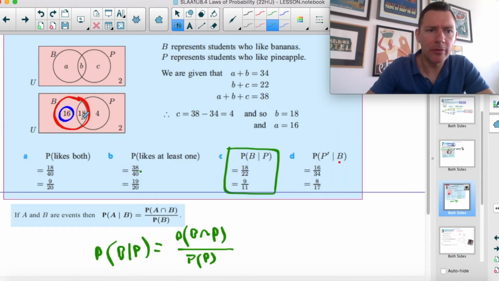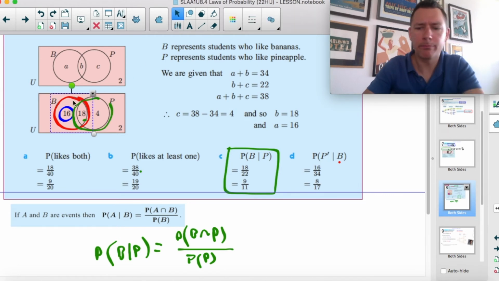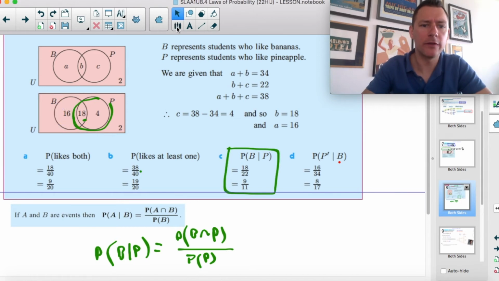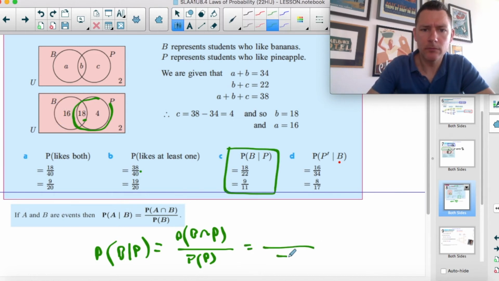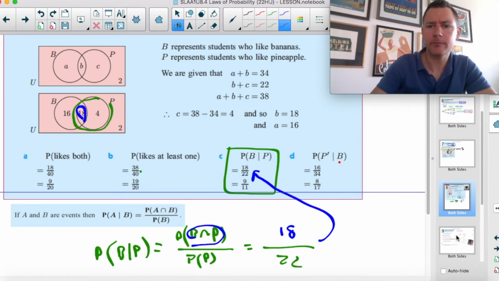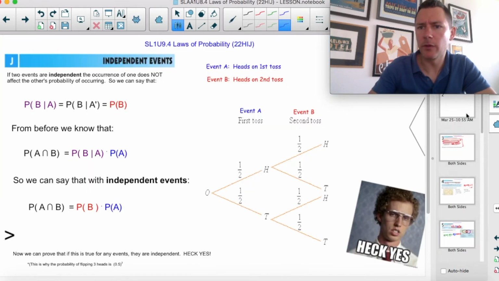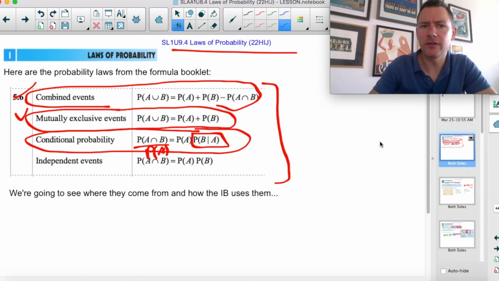And you'd say, probability of pineapple is 22, and the probability of both is the 18. Right? You get the same equation. So now we have success with those, conditional probability, got it.